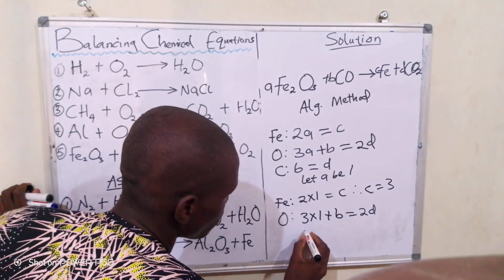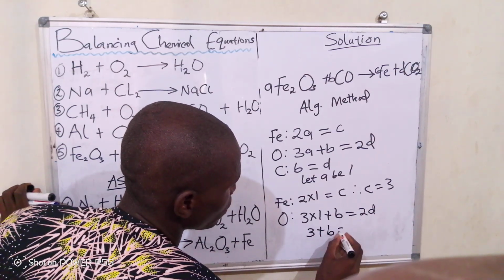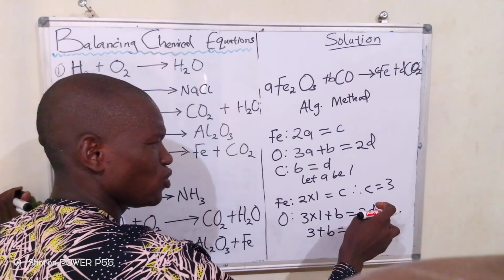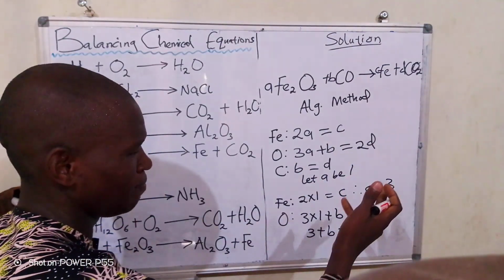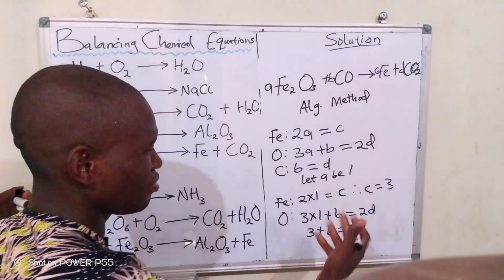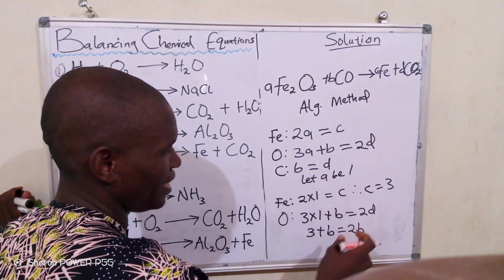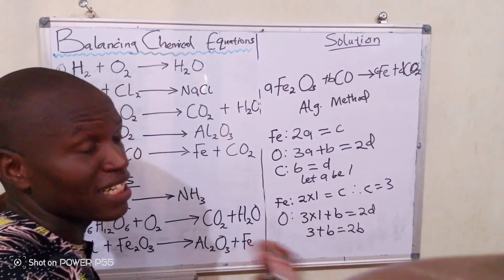So this gives us 3 plus B is equal to 2B. Because B is equal to D, I can use any of them. I'm replacing D with B to make the letters equal so that I can solve it.